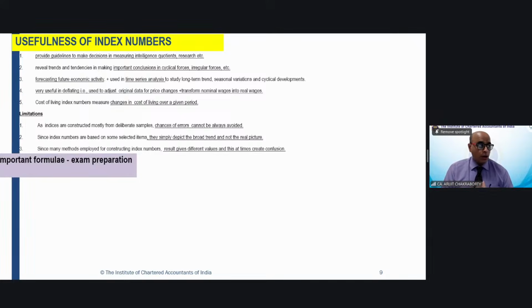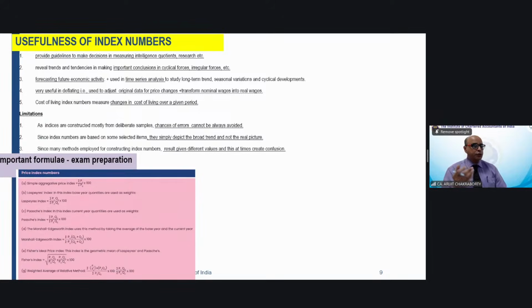Okay. Now looking at the important formulas once again for exam preparation, please remember the important price index formulas which you see on the slide. The simple aggregate price index, we have discussed it, Pn, that is sigma Pn by sigma P0 into 100. Last period price index, sigma Pn into Q0 divided by sigma P0 into Q0 into 100.